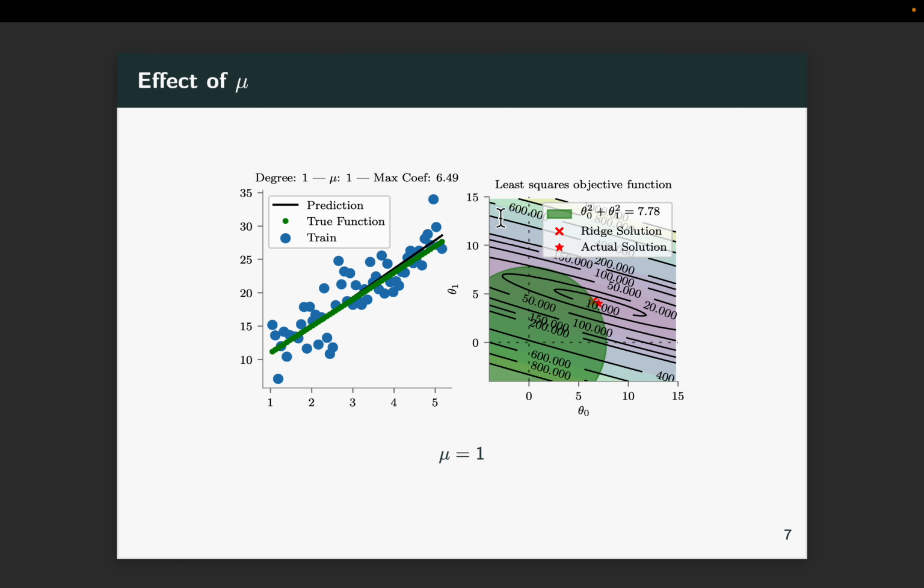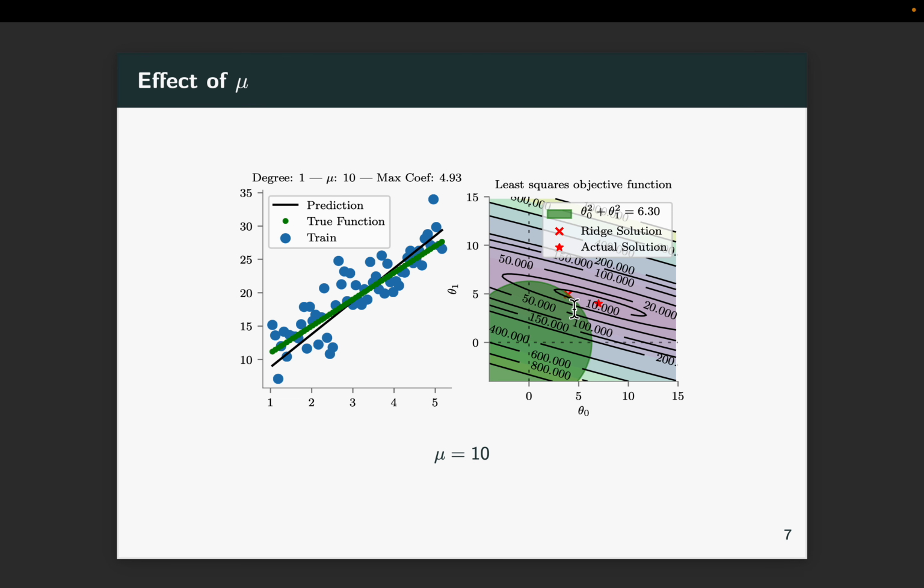Now, you notice that my maximum coefficient is 6.49. I will just increase mu for now and we will come back to the specifics of what is happening. If I increase mu, the solution which I obtain now is further away from my actual solution, the one I would get if I were to only fit the data.